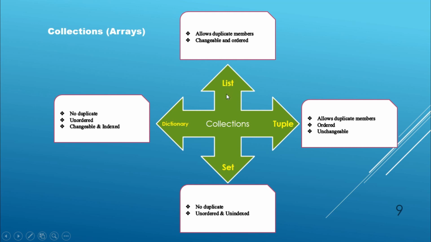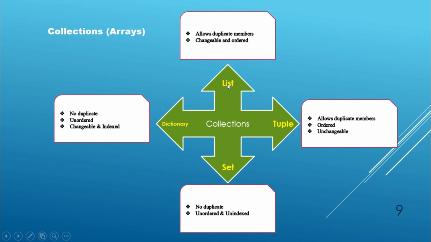Each of them has its own specifications, so there are a few differences between them. For example, list is a kind of collection which allows duplicate members. It means you can define duplicate elements or members in a list.